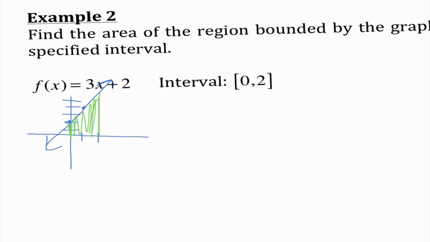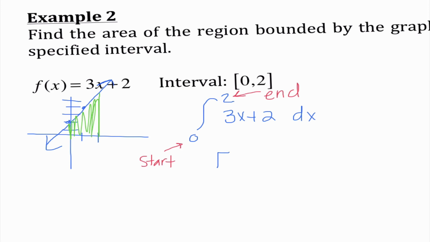So we're going to say the integral from 0 to 2. We always do where we start, that's the lower limit, and where we end is the upper limit, of 3x plus 2 dx. I need to start by finding the indefinite integral.